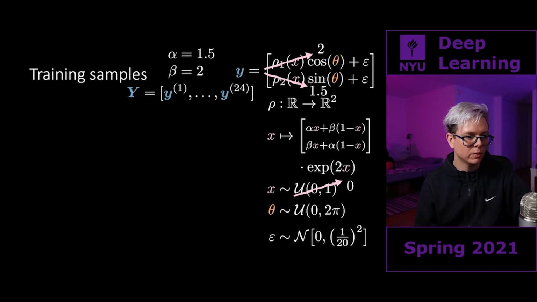What is ρ1 equal to? If you see here, we said that ρ1, if alpha is equal to 0, so if X equals 0, you get alpha times 0 is 0, plus 2 times 1, right? Makes sense.